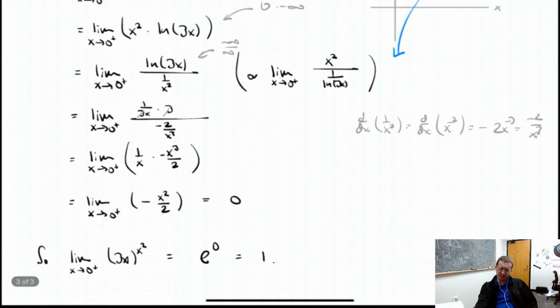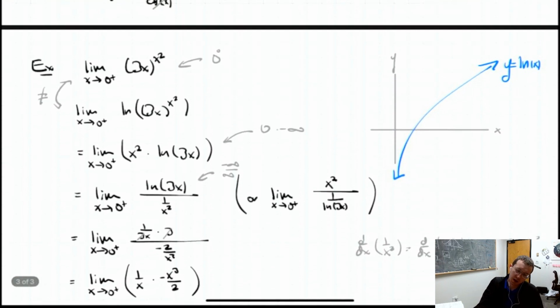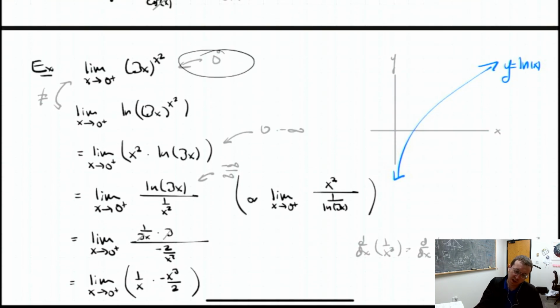So this is an example of how to handle an indeterminate form with an exponent, which could be 0 to the 0, or 1 to the infinity, or infinity to the 0.